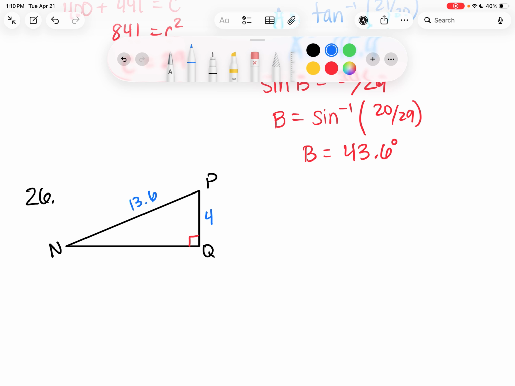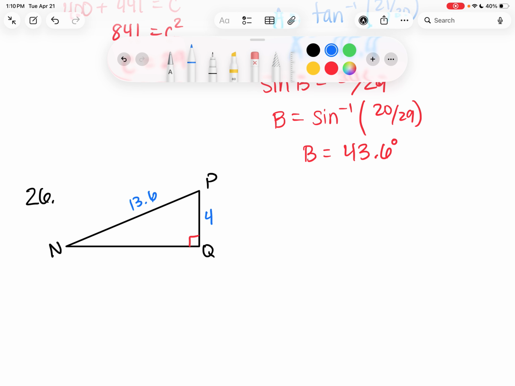It's the other direction. What else? Compared to the other ones we've done. Have we been given a hypotenuse before? Not in these ones today. We've only been given the other two sides. So there's just something different here.